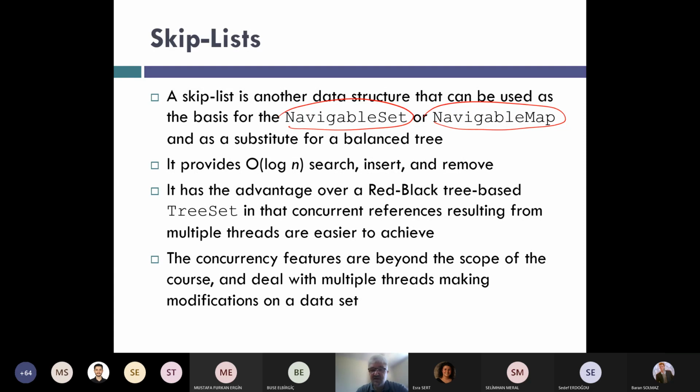A red-black tree is a tree-based data structure, but a skip list is a list-based data structure.